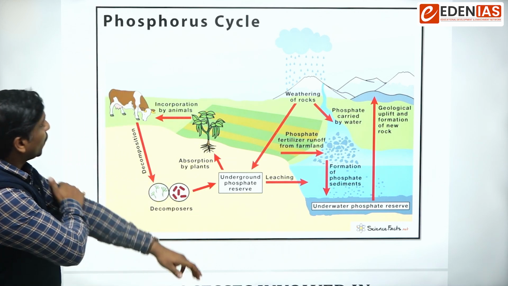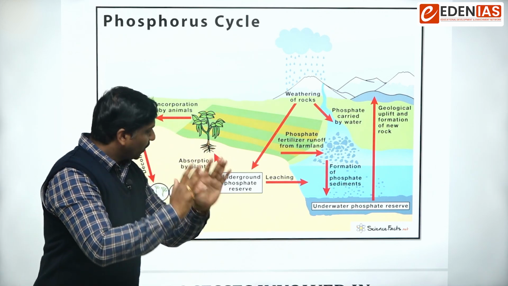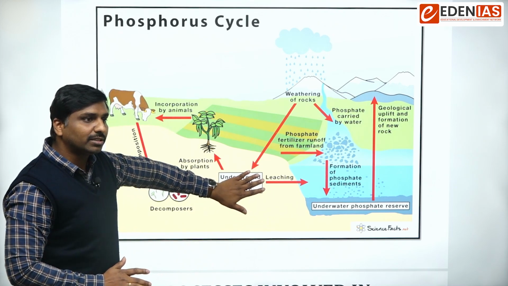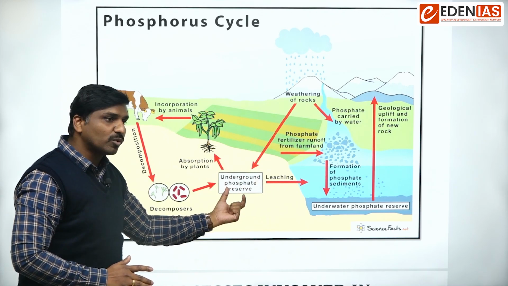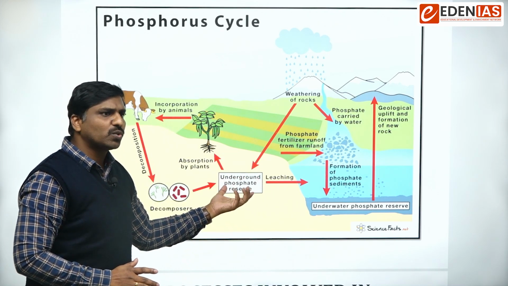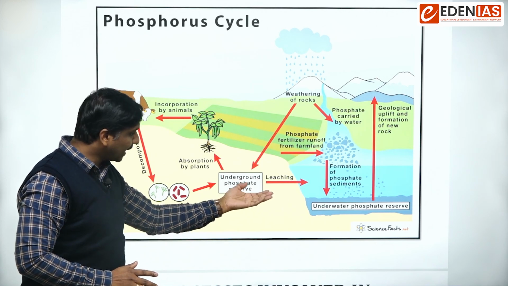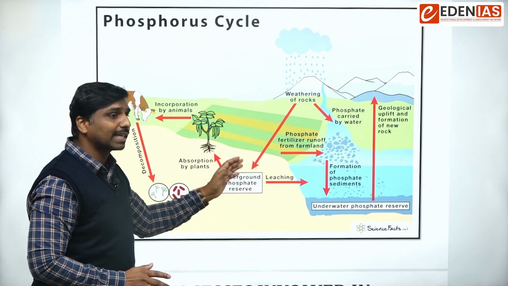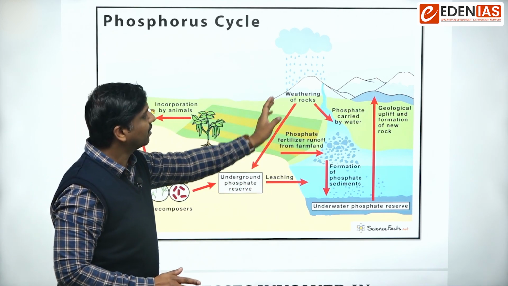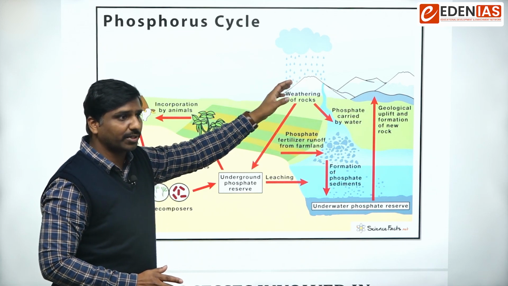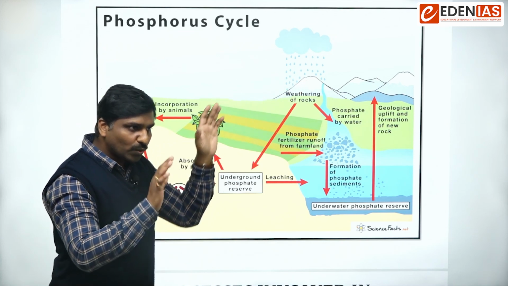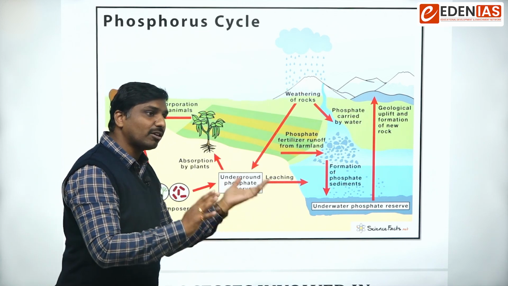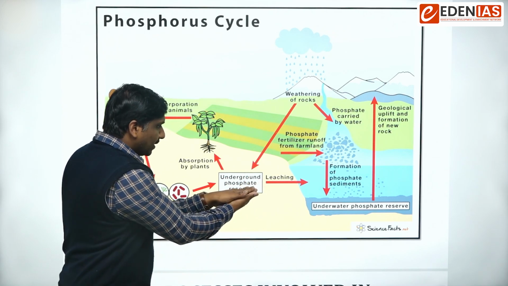Now remember, rocks would be there in the earth, with the chief source being phosphate rocks. Assume those rocks can be underground, or in the form of mountains containing phosphate.